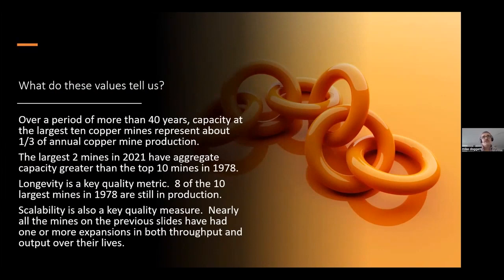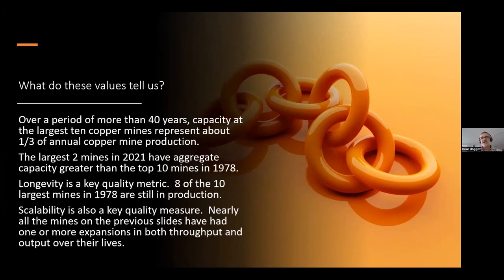And if you included, say in 2021, the next 10 largest mines, the top 20 mines, for instance, the percentage of total mine production in that year would increase to about 46%. So you can see that the distribution is highly skewed towards these very large operations. And regarding the increase in scale, you can see the largest two mines in 2021 have aggregate capacity greater than the whole top 10 mines in 1978.